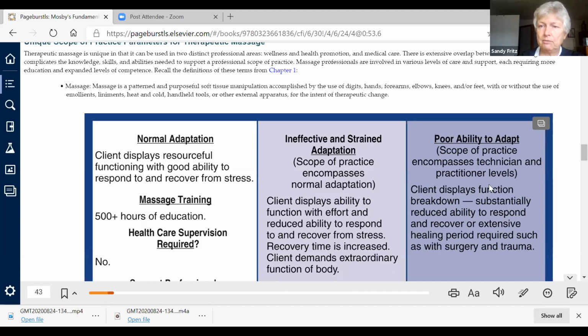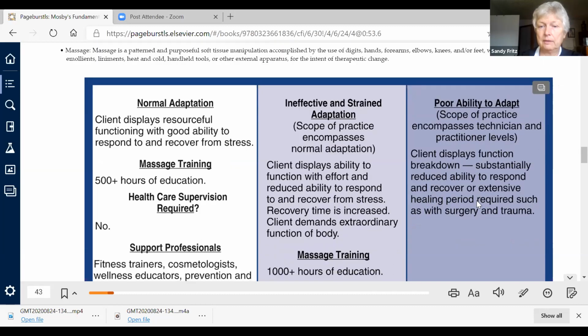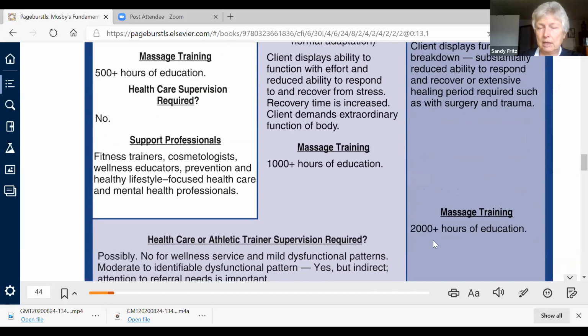An athlete at peak performance would actually fall into this category, as well as somebody who is right in the middle of treatment with chemotherapy, somebody who is being treated for burns, somebody who has depression. This is where it gets complex, and you don't want to be all by yourself in that environment. And that's going to take more training.